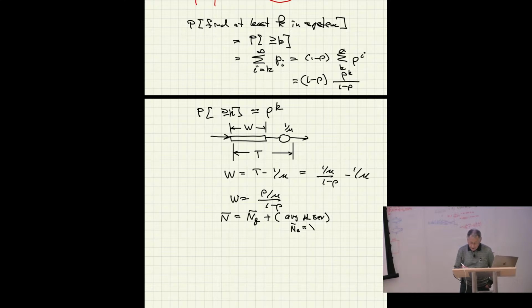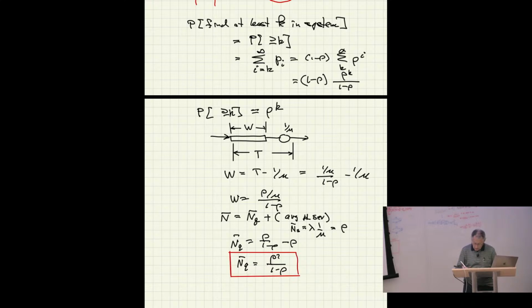So that's the arrival rate times the average time in service, which I happen to know, which is 1 over mu. So the average number in service is just rho. No surprise, that's the fraction of time the server is busy. It all makes intuitive sense. So n sub q is rho over 1 minus rho minus rho, which is n bar minus rho, and so I get rho squared over 1 minus rho as the average number in Q. Again, something that you may want to commit to memory and amaze your friends. All this for M/M/1.